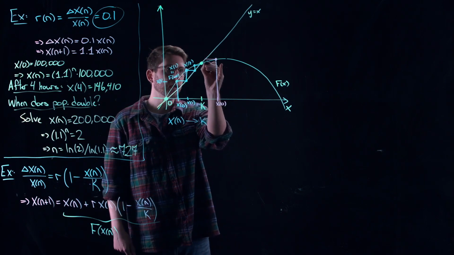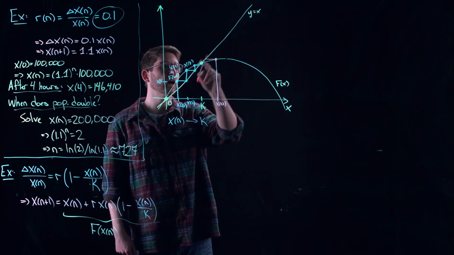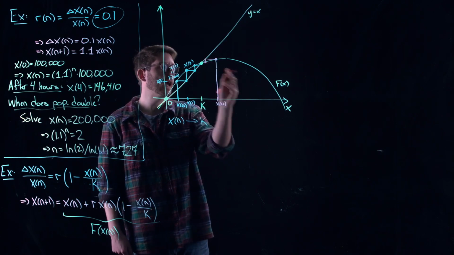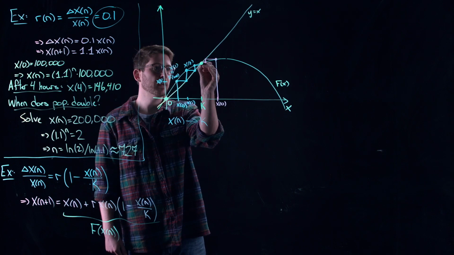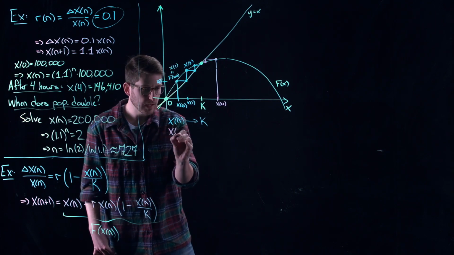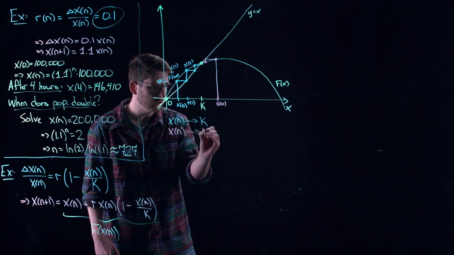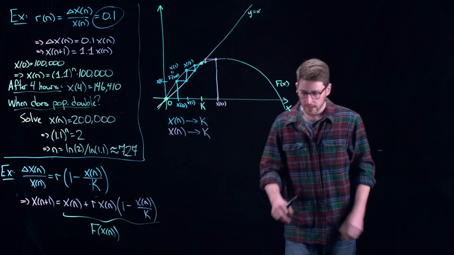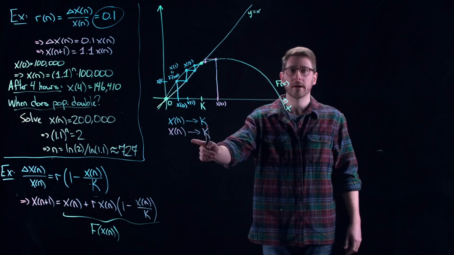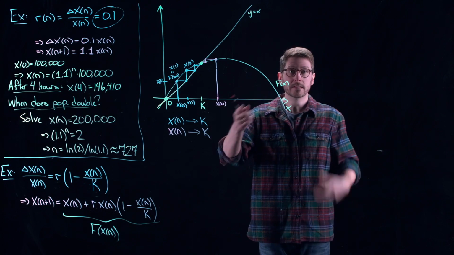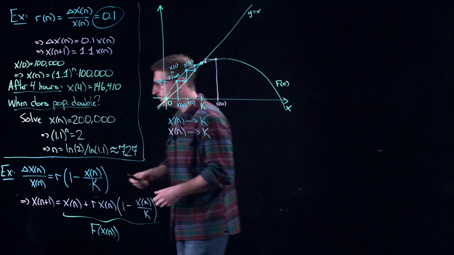We can see that by tracing over to the y equal to x line and then vertically to the f of x line. Same thing. You're going to wedge yourself in, and again, using a different color, you're seeing that you're converging to your carrying capacity k. So, is this always what's going to happen?